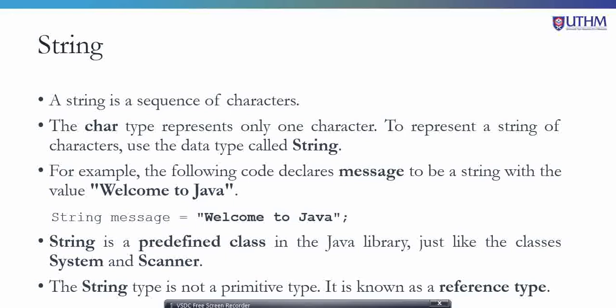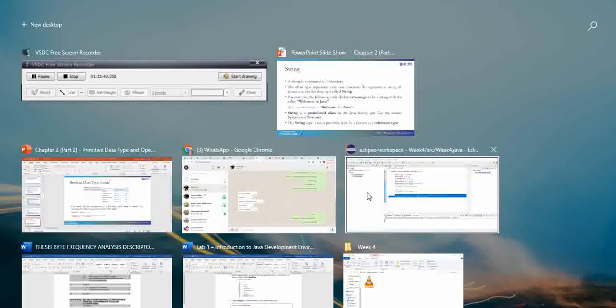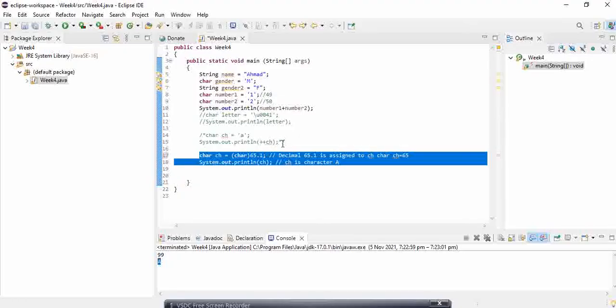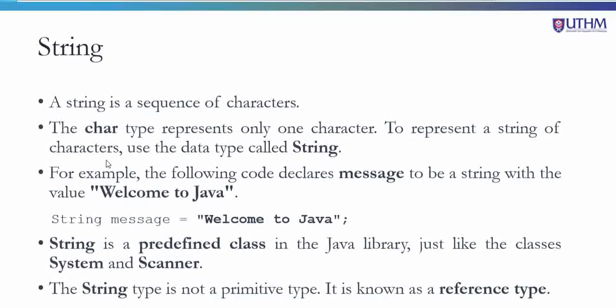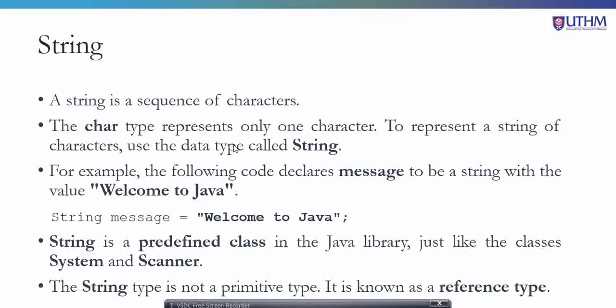Just like what I wrote here. String name equal to A, string gender equal to F. So the char type represents only one character.